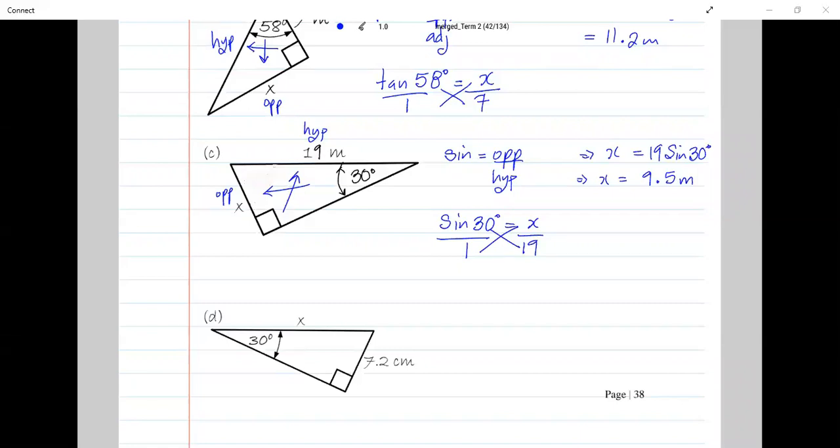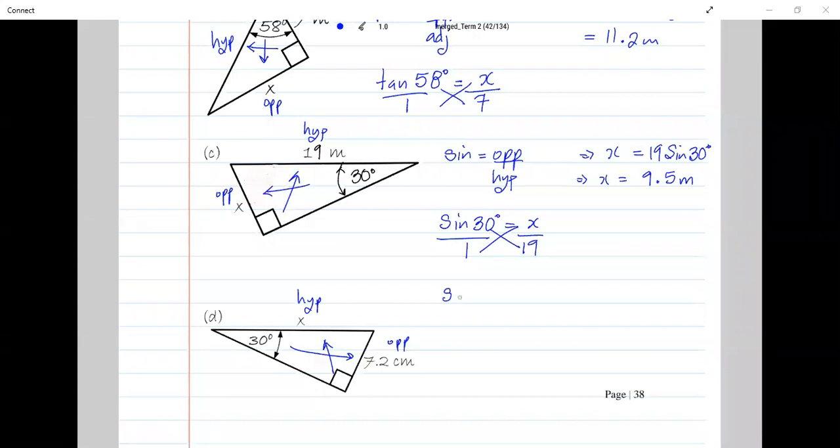I'm going to do D, then I want you to attempt E and F, which is on the next page. All right, again, the 7.2 is opposite to the 30 degrees, and x is the hypotenuse. Now, the trig ratio that includes opposite and hypotenuse, same as the question before, is sine.